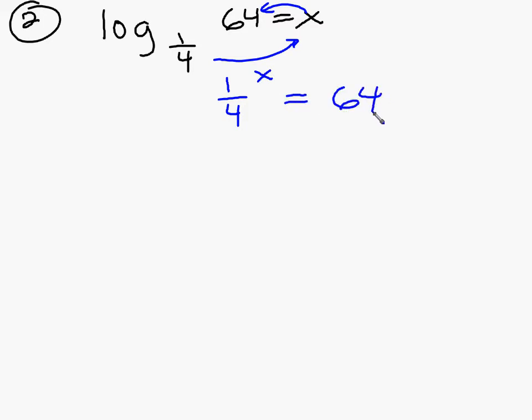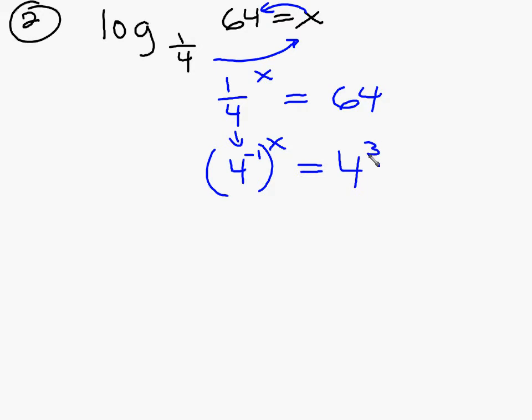Well, if I'm going to use the one-to-one property and drop those bases, I have to write them both, in this case, as a power of 4. So this becomes 4 to the -1 to the x. This would be 4 cubed.